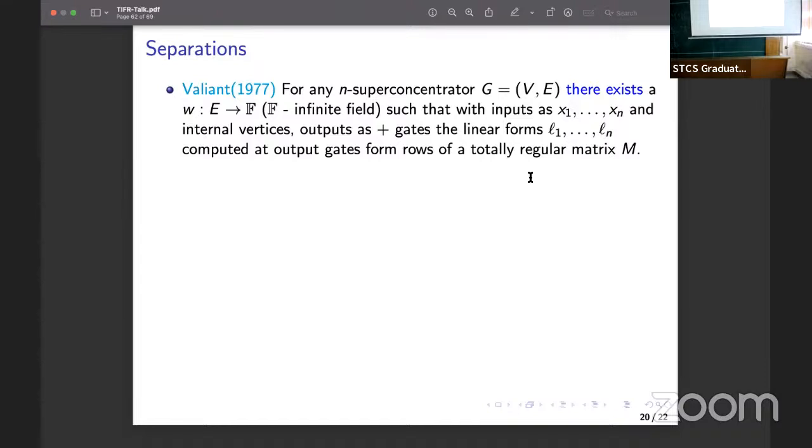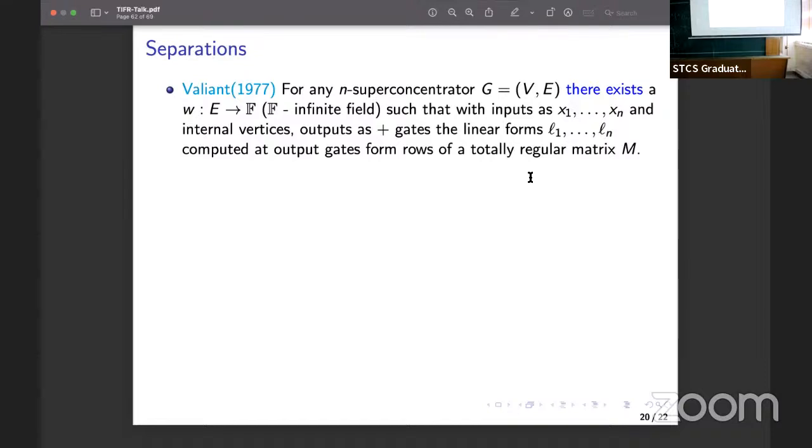If you're seeing this definition for the first time, you would expect that any such graph should be dense. Because I pick any set of k inputs and k outputs, and there will be k vertex disjoint paths, which means that there must be many edges. Or if there were just n lines, clearly this property doesn't fit.